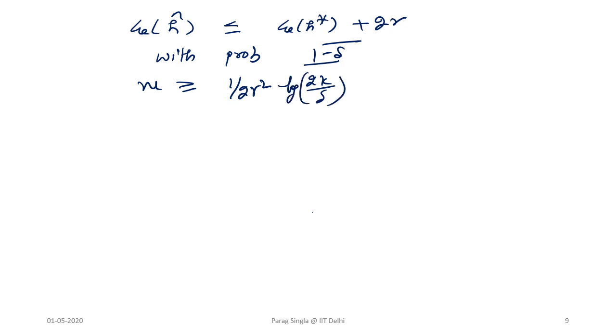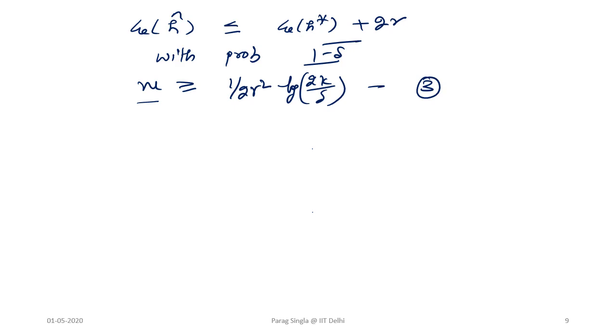This form is saying that if you want to bound the generalization error of h hat to be within 2 gamma distance of the generalization error of h star with probability at least 1 minus delta, then we need to choose the number of examples to be more than the quantity on the right-hand side, and then we'll be able to achieve this bound.